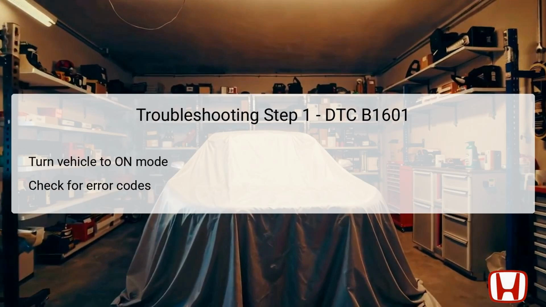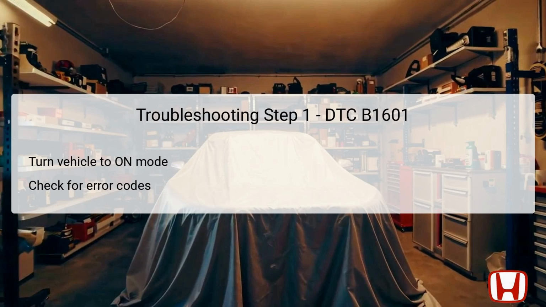The first step in troubleshooting DTC B1601 involves turning the vehicle to the on mode. This initial action is crucial as it powers various electronic systems within the vehicle, allowing the body control module to conduct a thorough self-check. After activating the on mode, the next step is to use a diagnostic tool to check for any stored error codes.